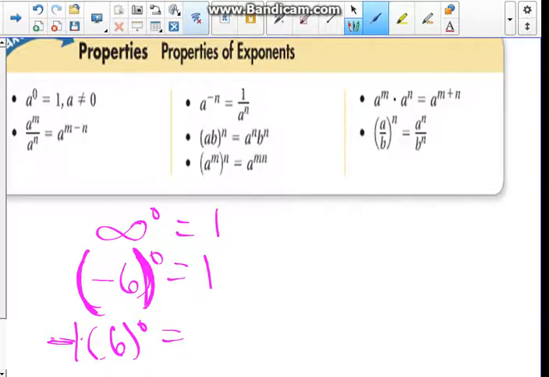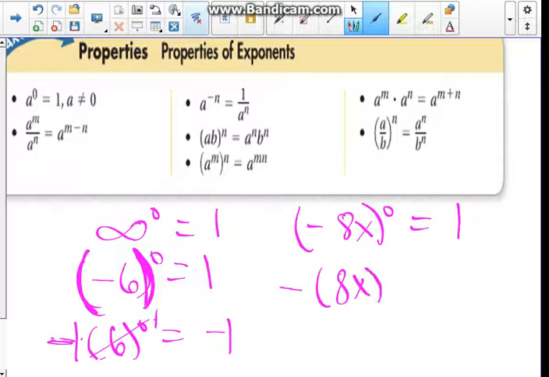So 6 to the 0 power becomes 1, and negative 1 times 1 is equal to negative 1. So when you have the negative sign inside, that's equal to 1. When it's on the outside, it's equal to negative 1.